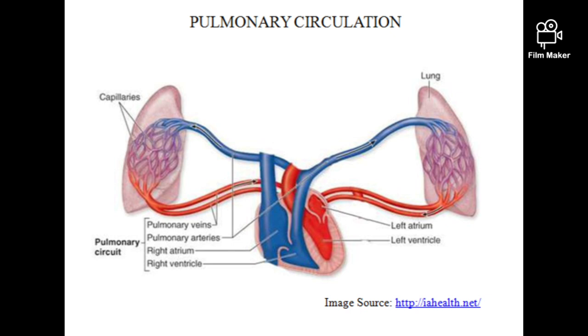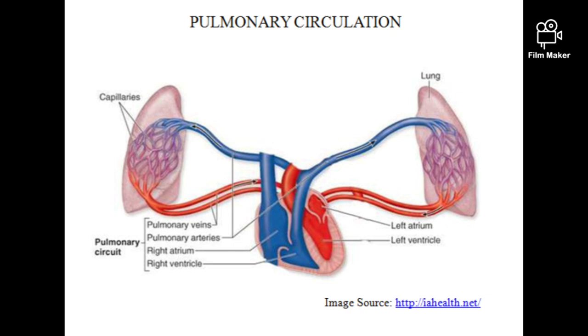So, to quickly recap, pulmonary circulation begins in the right ventricle, through the pulmonary artery, through the lungs, where the blood circulates, and it returns to the heart via the pulmonary veins, opening at the left atrium. So, this pathway of blood, from the right ventricle through the pulmonary artery, through the lungs, through the pulmonary vein to the left atrium, constitutes the pulmonary circulation.